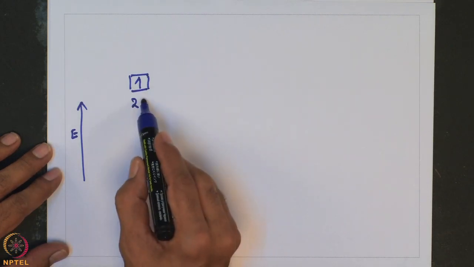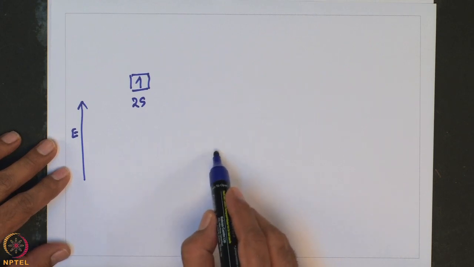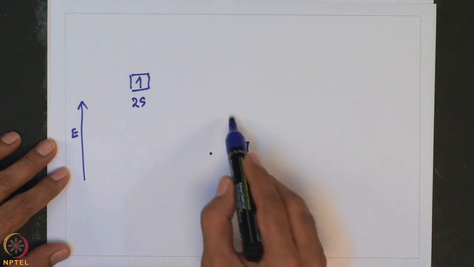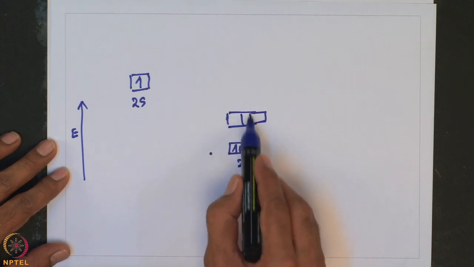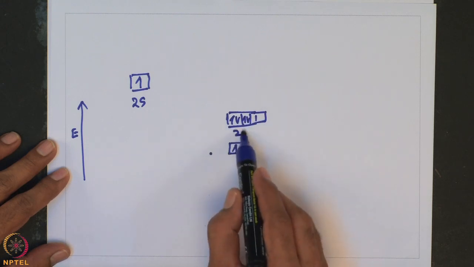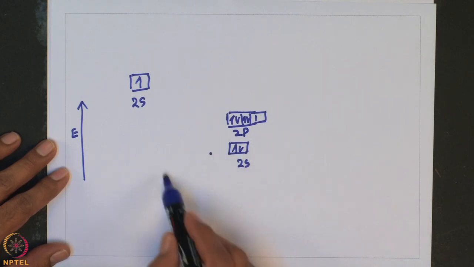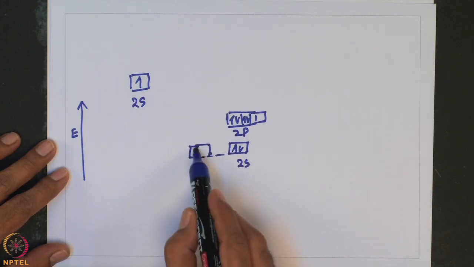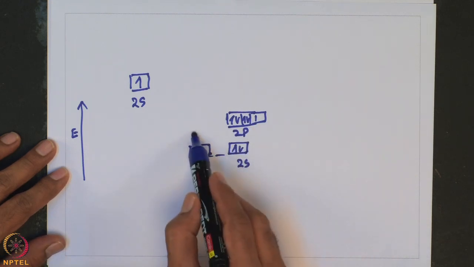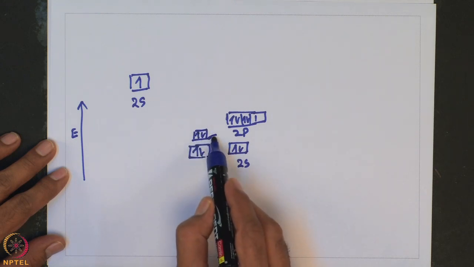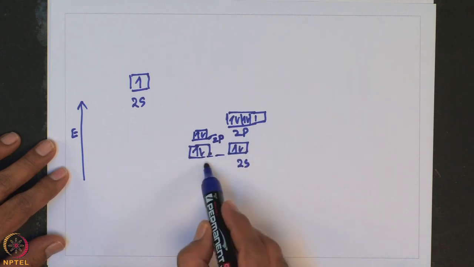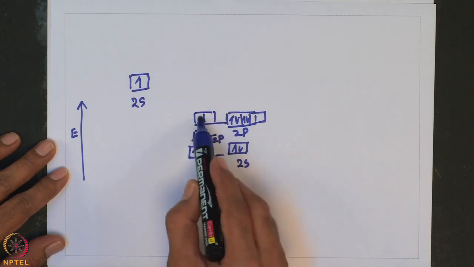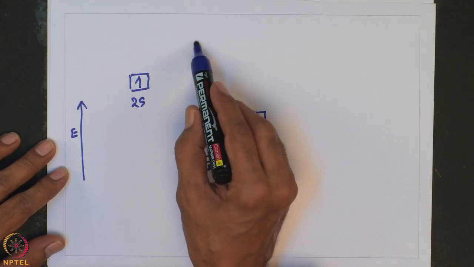So, this is 2s, and here it is 2s, and then 2p, and now here, since we do not have the corresponding 2s, this also remains as non-bonding, and then we have sigma 2p, or simply sigma, and then this is 2s, sigma 2s, and then this one remains non-bonding, and then we have sigma here.